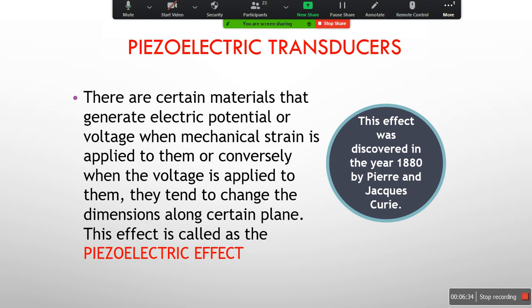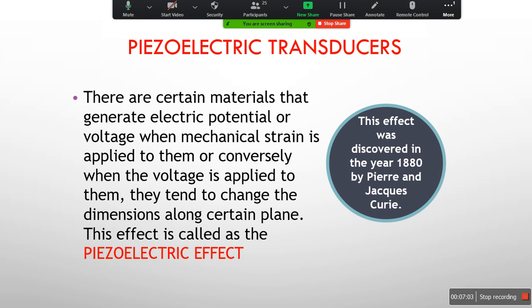I hope you understand. Once again I'll tell you. In order to construct a piezoelectric transducer, first you collect certain materials which generate electric potential when mechanical strain is applied to them. The word piezo means press.